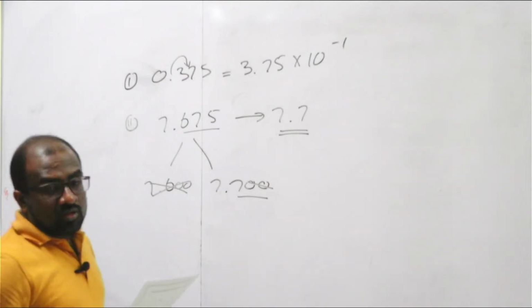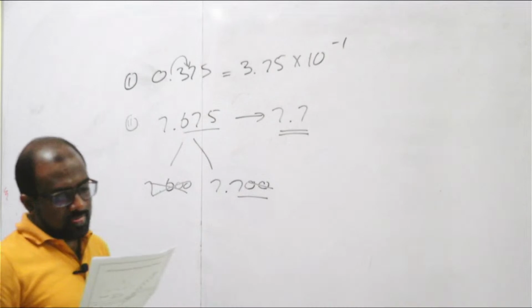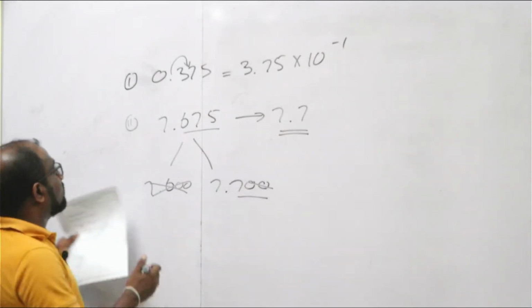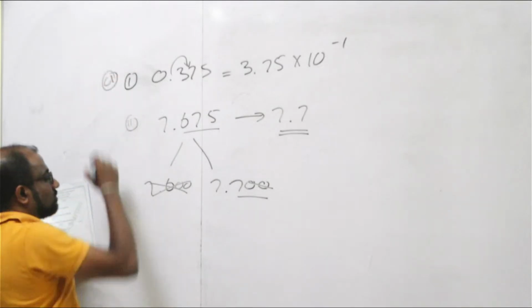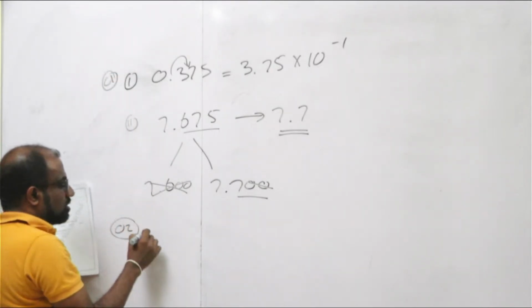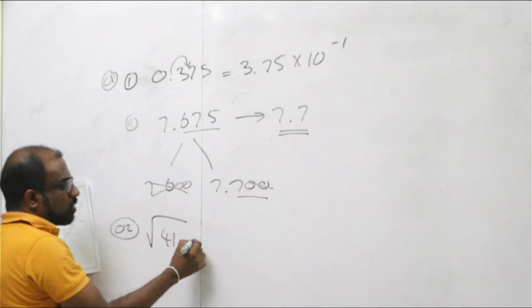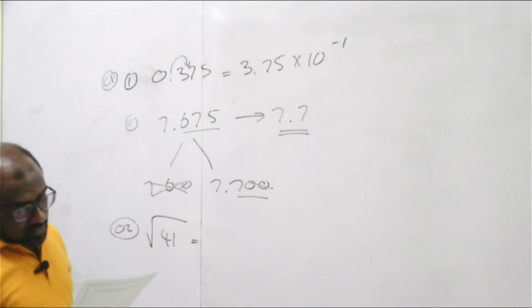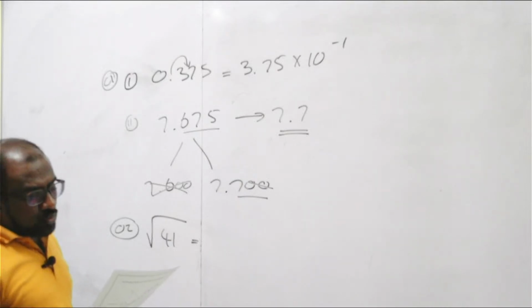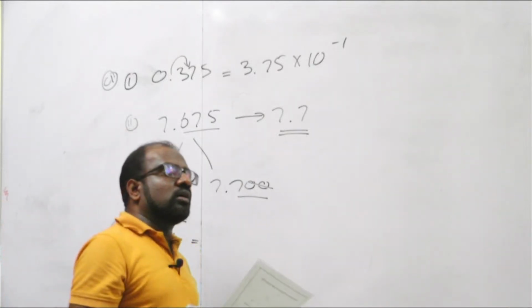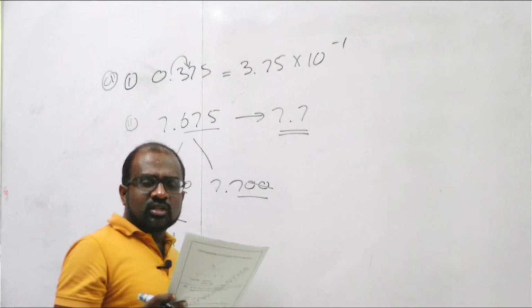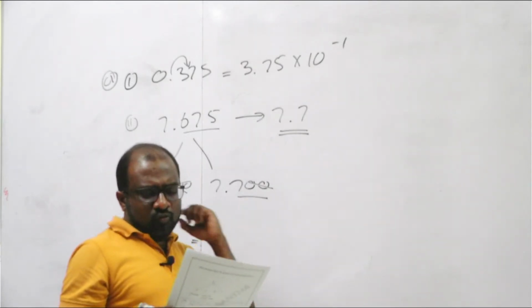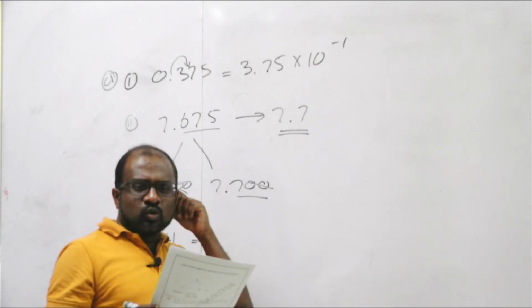Okay children, second question. What is the most suitable approximation for the square root of 41? If we are just asked to write a suitable value for the square root of 41, there will be 2 possible answers.